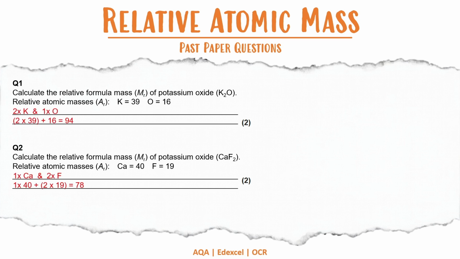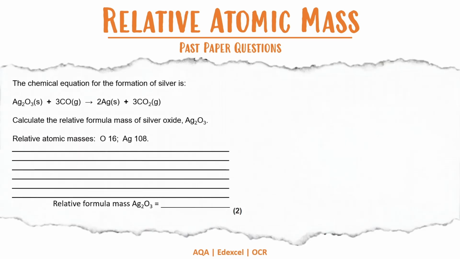We'll follow the same principles as before, finding out how many of each atom we have, and using our periodic table, multiply that by the AR, or the atomic mass, of each individual element. And our last question. Take the next minute to work through this one.